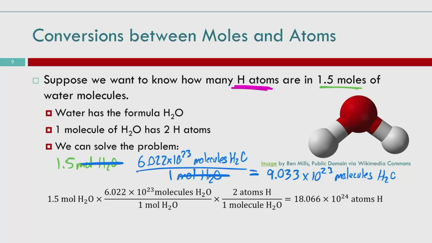Each of those molecules of H2O has 2 hydrogens in it because of this subscript of 2. And that's why we do this 2 atoms of hydrogen for 1 molecule of H2O. So we double this whole thing, and that is not correct scientific notation. That's fun.